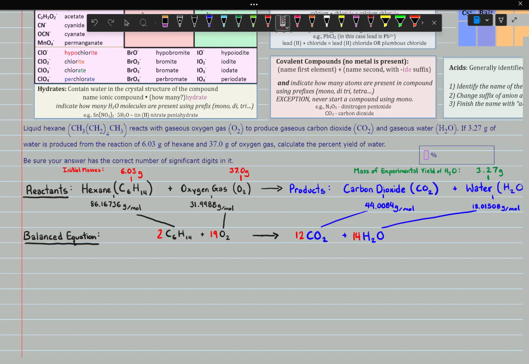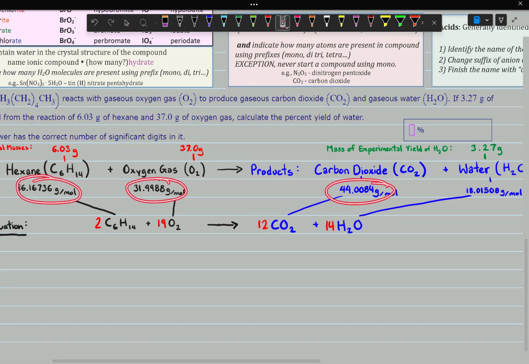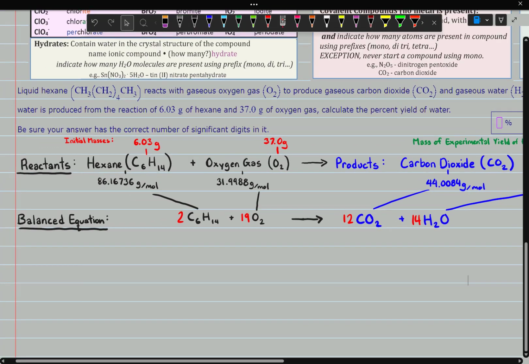We've got our initial masses, 6.03 grams of hexane and 37 grams of oxygen gas, and this produces an experimental yield of H2O of 3.27 grams of water.